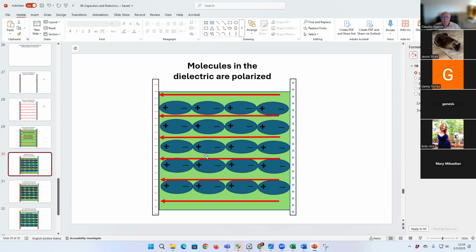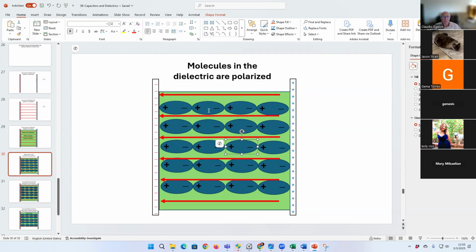Can you picture that? The negative charges of the molecules of this dielectric are going to be attracted towards the positive plate of the capacitor, and the positive charges of the molecules are going to be attracted towards the negative plate.